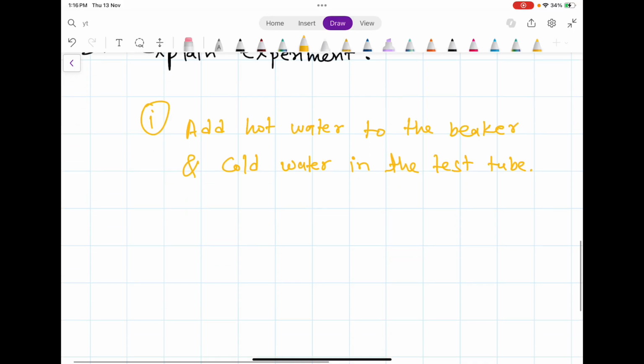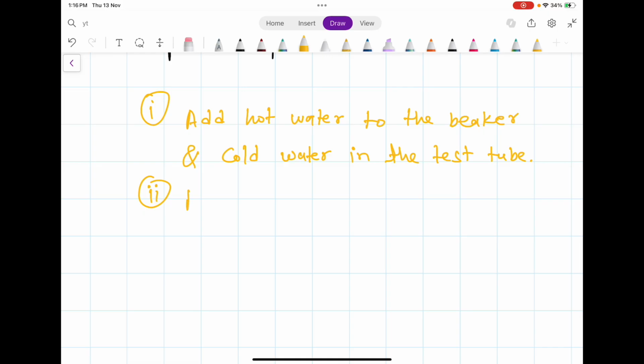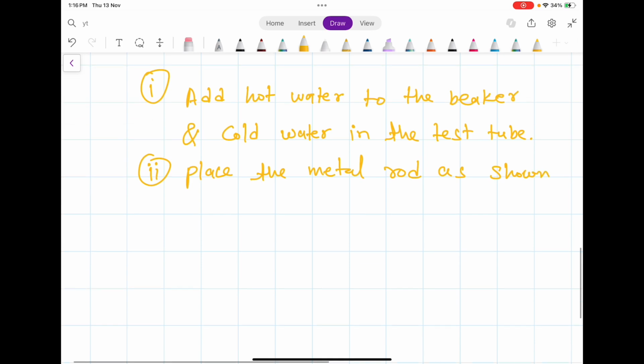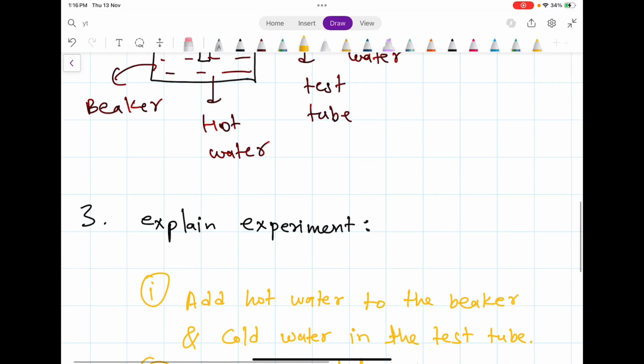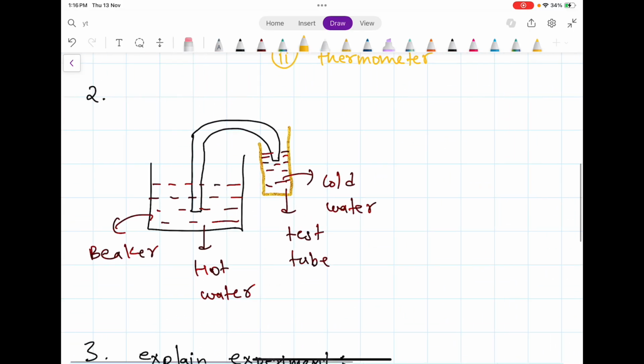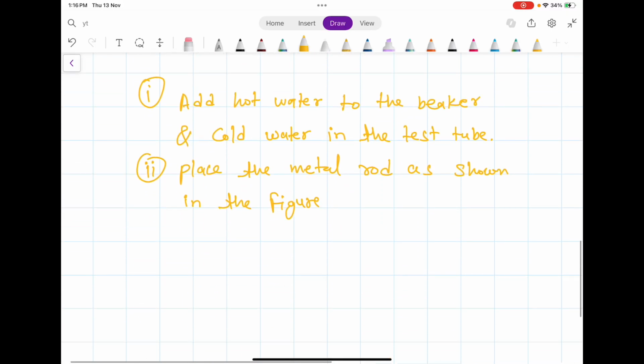Second step, we place the metal rod as shown in the figure. Whatever we have drawn here, that same thing you can write here.